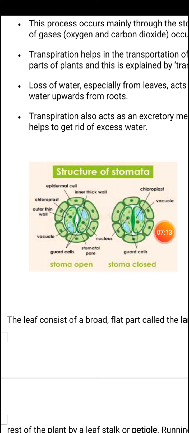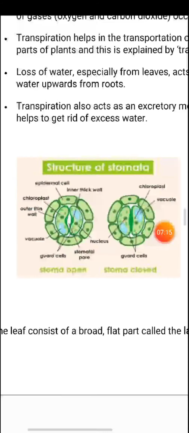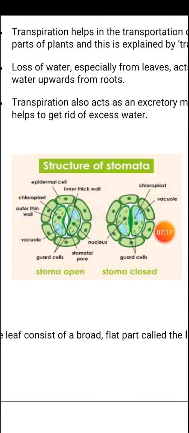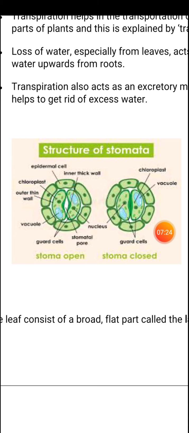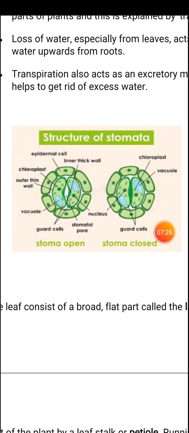Plus, this stomatal pore is also useful for the exchange, because carbon dioxide is very much required to prepare the food. So entry of the carbon dioxide is very vital, and when the carbon dioxide is used and fixed inside that cyclic process, then oxygen will be liberated out with some amount of water in the vapor stage.